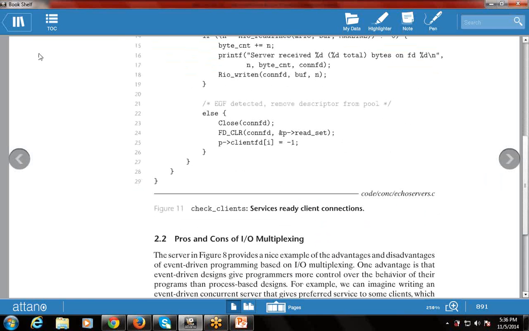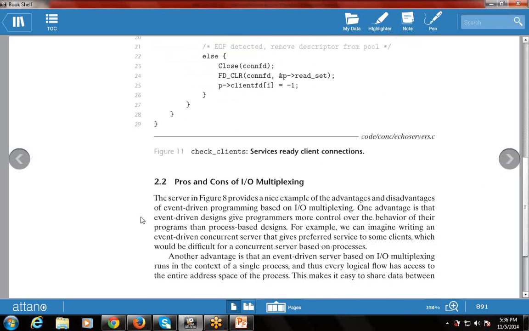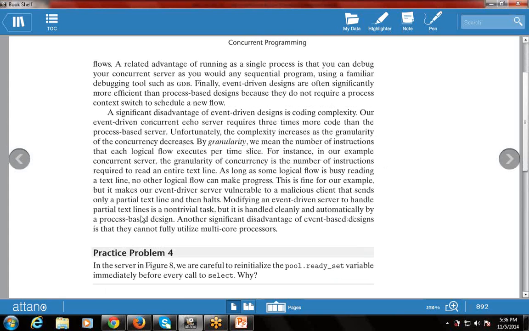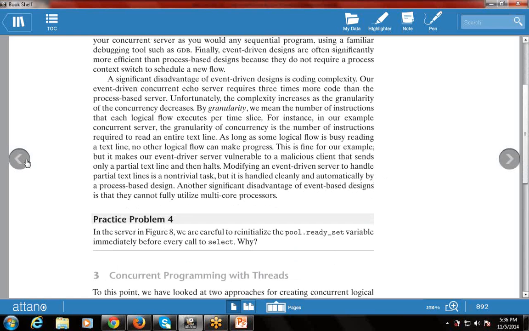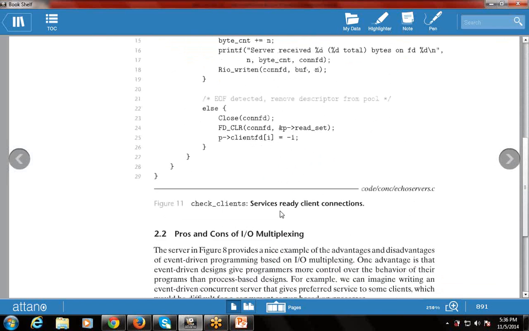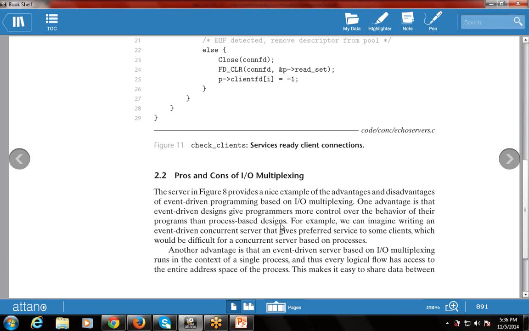Now, what are the pros and cons of input output multiplexing? Why are we using input output multiplexing, and what are its pros and cons? Let's see with the help of the slides.